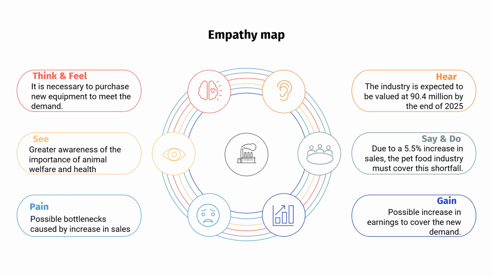They see the greater awareness of the importance of animal welfare and health. They say and do that with the 5.5% increase in sales, the pet food industry must cover this shortfall. One of the pains that the industry has is the possible bottlenecks, and the gain is the possible increase in earnings to cover the new demand.